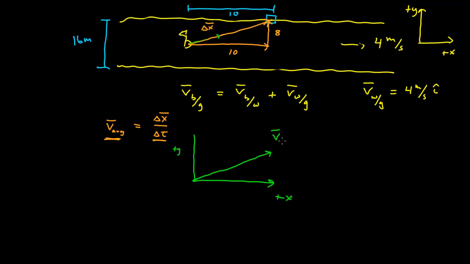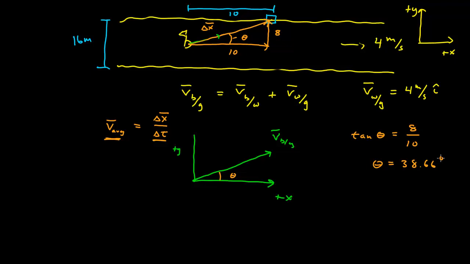My velocity of boat relative to the ground then has to point along the same direction as delta x, so these angles are the same. So tangent of this angle theta is equal to 8 divided by 10, and so this angle theta is equal to 38.66 degrees.